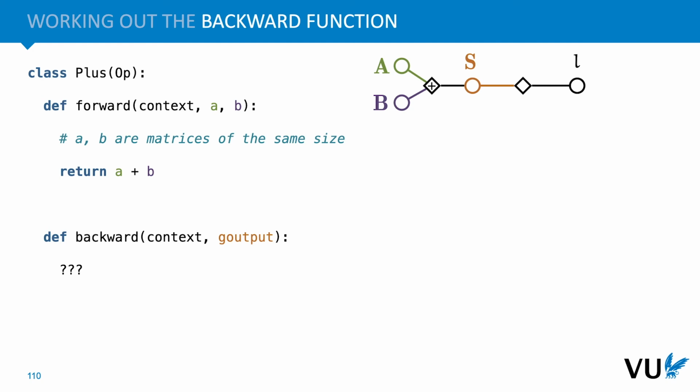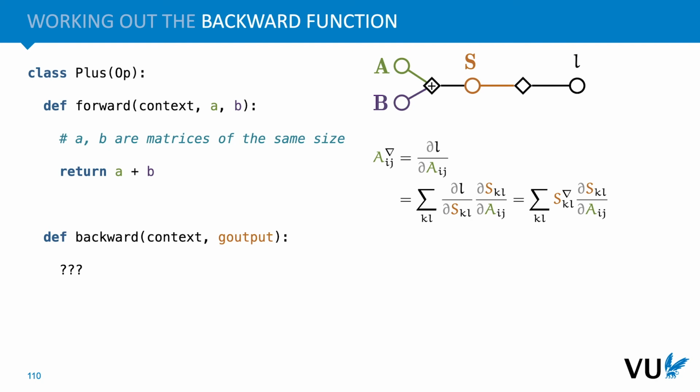We'll take the same tactic we took in the previous video, where we first look at the scalar element of the matrix that we're interested in, and then factorize once we've worked that out. So in this case, let's start with A. What we need to compute in the backward function is the derivative for A, so A nabla, and one element ij of nabla is simply the derivative of the loss with respect to that element aij. Applying the multivariate chain rule tells us that we can sum out the elements of S in this fashion.